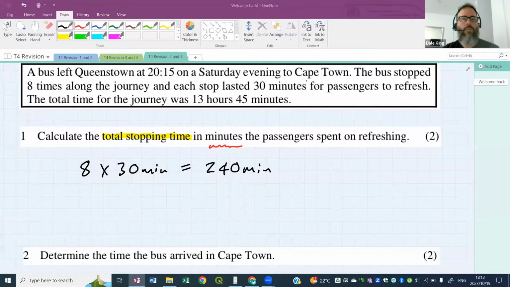You do yours, and we compare at the end. All right, good. Answers are coming through thick and fast. We've got some answers coming in. Very good. Let's have a look at this one.